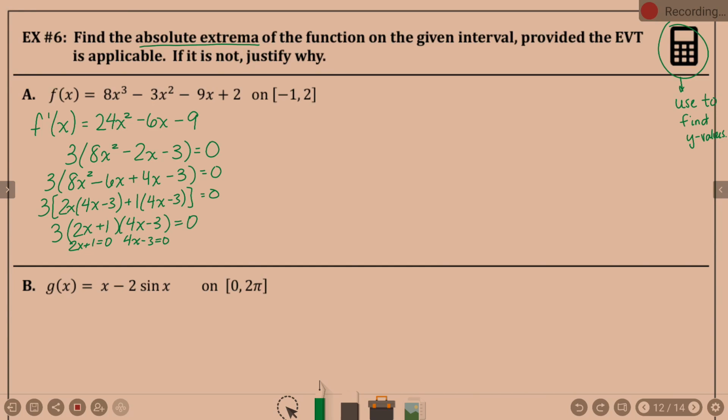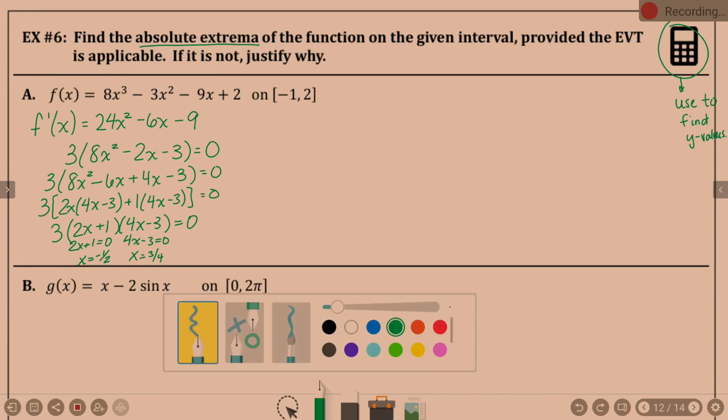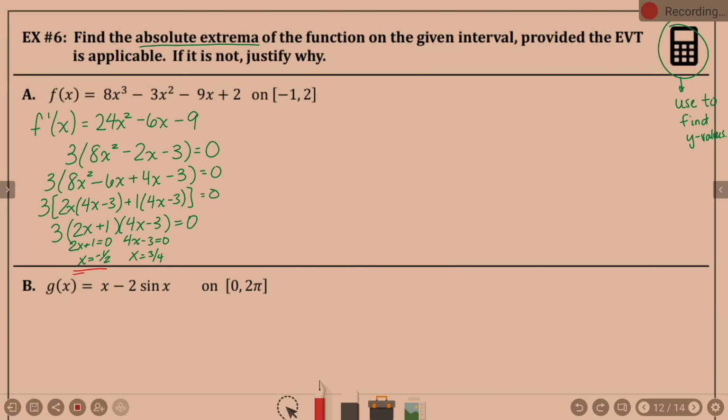So what do we find here? x equals negative 1/2, x equals 3/4. These are what we're going to call our critical values. No, these are not necessarily extrema yet. We're not done there. These are critical numbers, critical values. I'm going to use critical numbers, I guess.